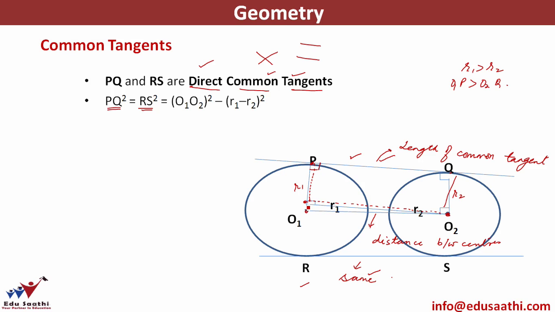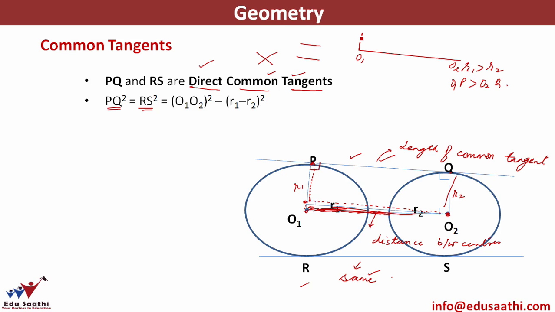I will look at the leftover triangle that I have. This smaller triangle that I am left with is what I will look at. O1 O2 will be the line joining their centers, or the distance between their centers.